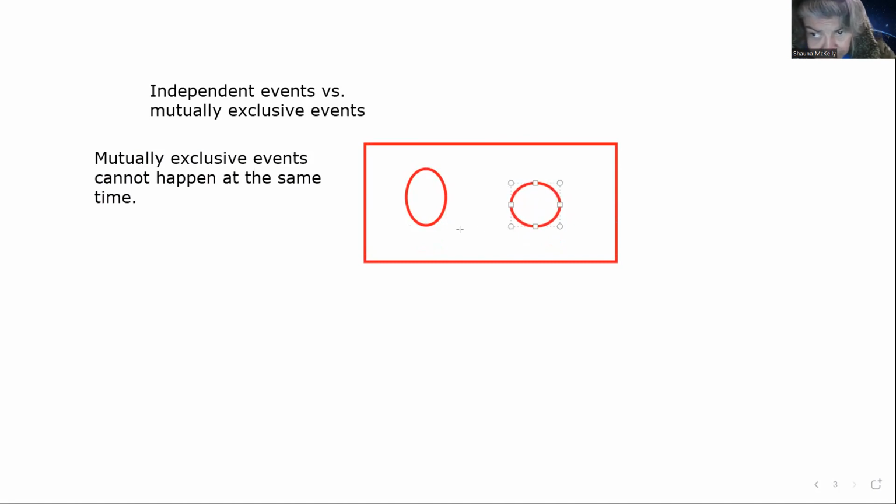These are pictures of mutually exclusive events. Set A and set B are mutually exclusive events. Okay, that's what mutually exclusive is a picture of.